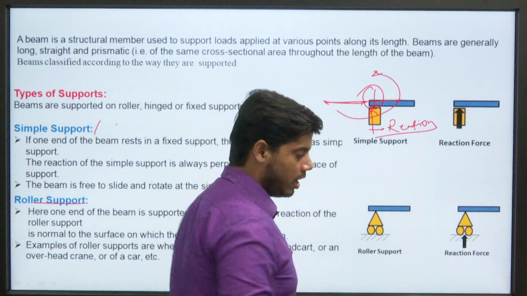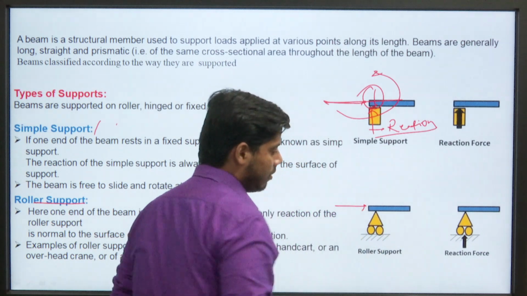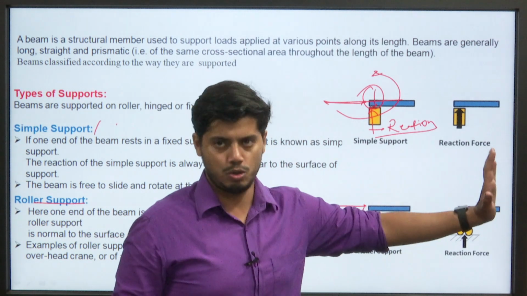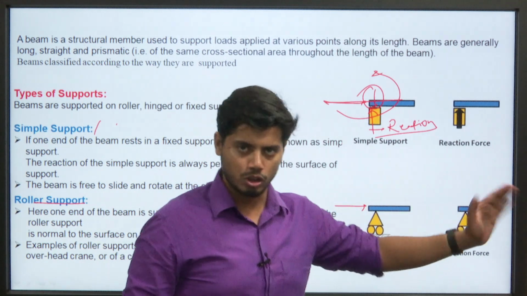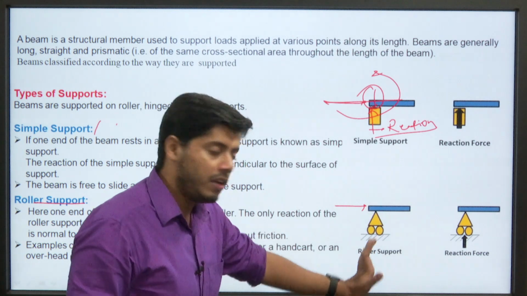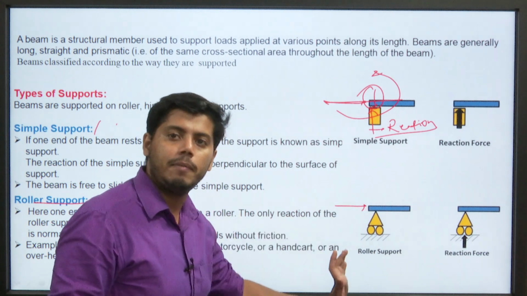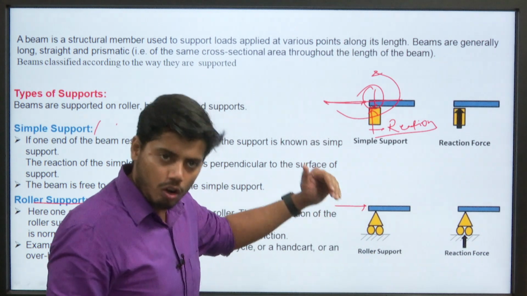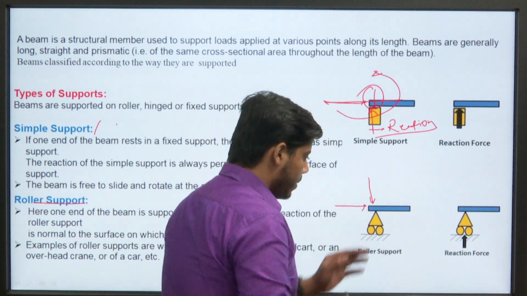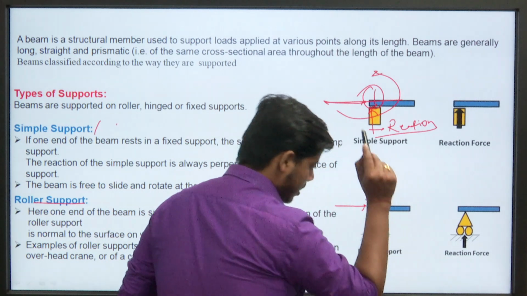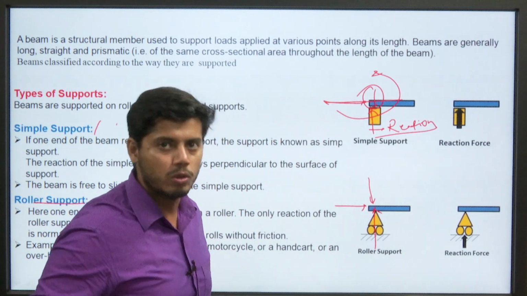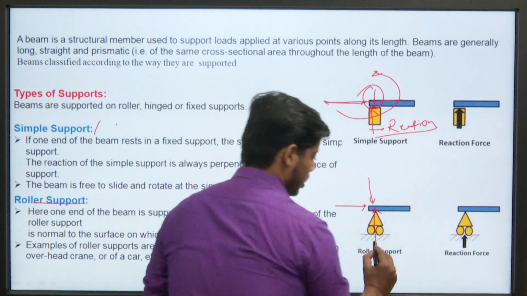In this roller support, if we apply some horizontal force, this beam will easily slide toward my right side. But if we apply a vertical force on this beam, it resists deflection toward the downward side because of the reaction developed.